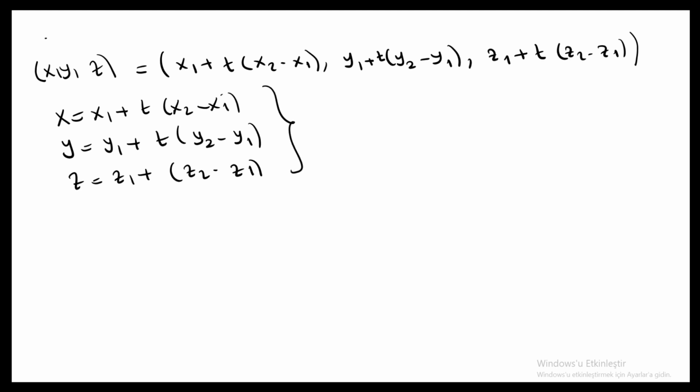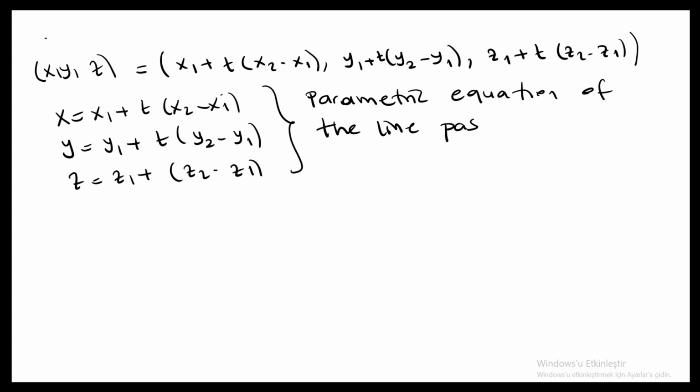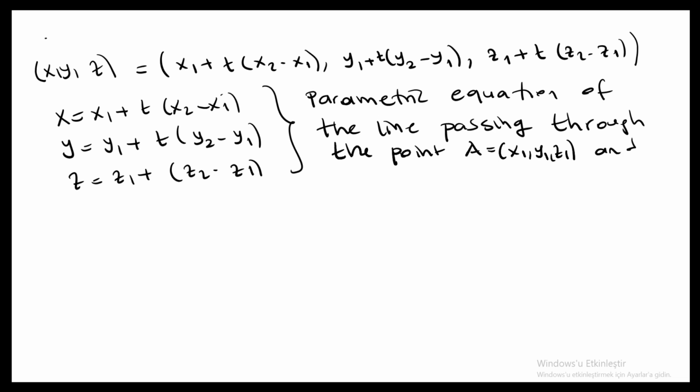So this is the parametric equation of the line passing through the points A and B. I forgot to put t here. There is a t.